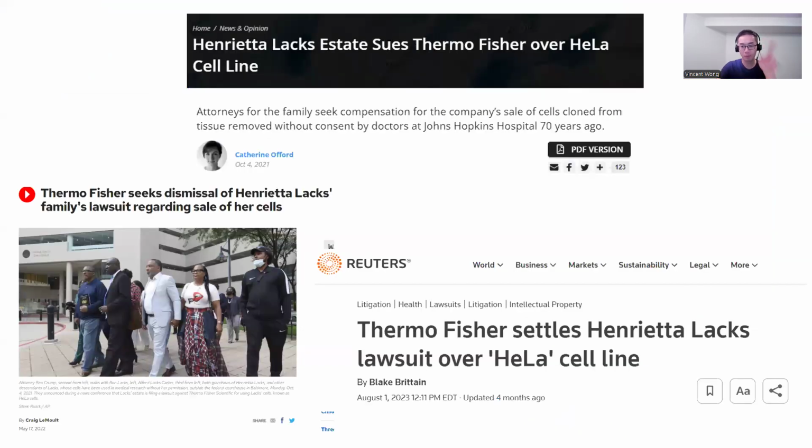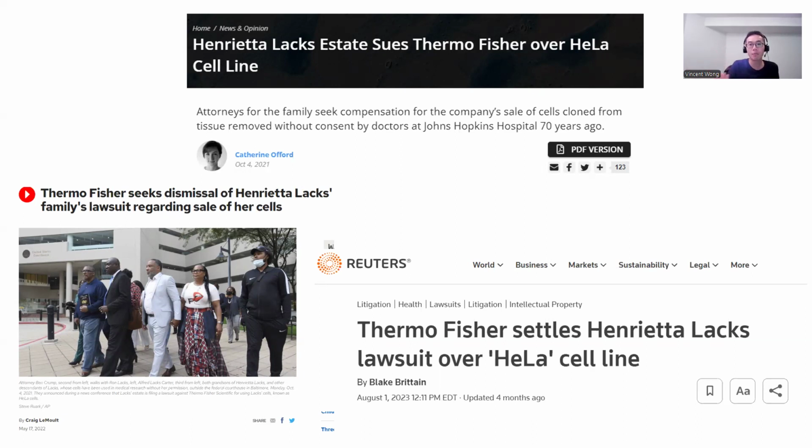But before the next point, one more slide on the story here. So the company who sells these HeLa cells, they are making a lot of money, right? A lot of profits from selling these to researchers, to people to study the cells, and so the woman died from her cancer, but her estate and her family actually sued the company Thermo Fisher over the HeLa cell lines.